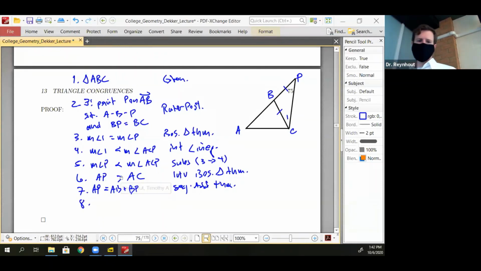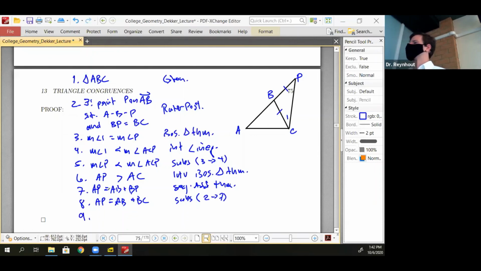With this, we can substitute, right? BC is equal to BP, so AP is equal to AB plus BC. This is the substitution that we want to put into line 6, and this one is itself a substitution, where we took line 2 and plugged it into line 7.